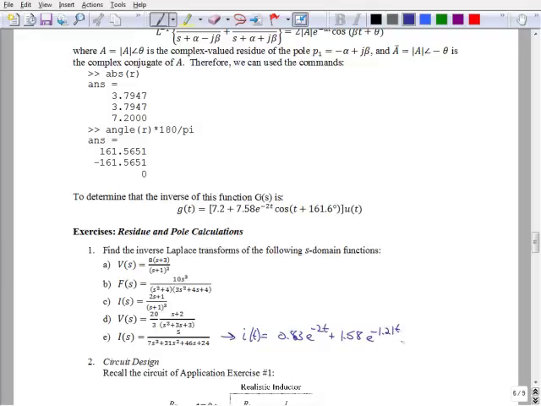So the second part of this is to actually make use of this to determine how the resistance of the inductor for this circuit that was given in application exercise number 1 can change the values of the poles.